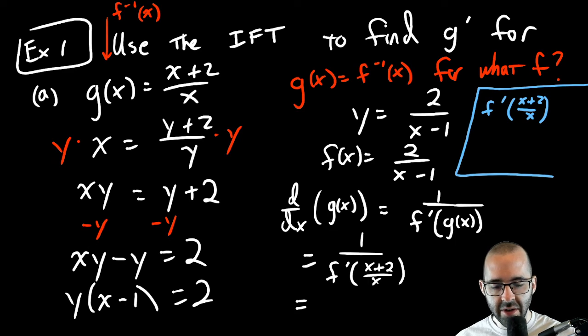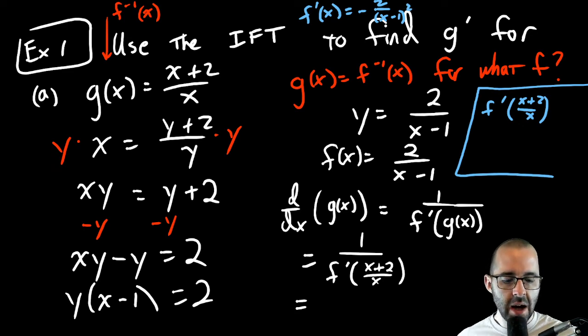What is the derivative of f of x? I'm going to get through it really quickly. You could find it in more steps. It should be -2 over x minus 1 squared. You're going to have to use the power rule and sort of the chain rule. -2 over x minus 1 squared.